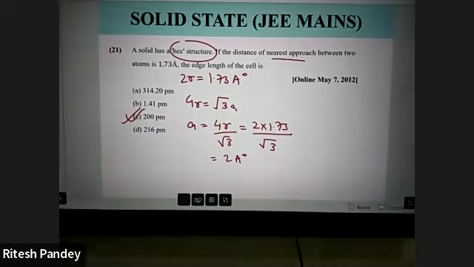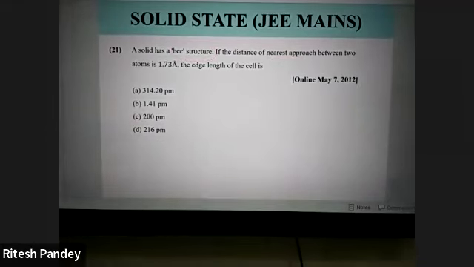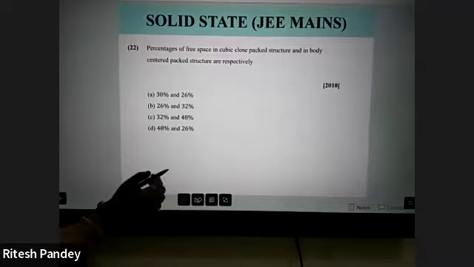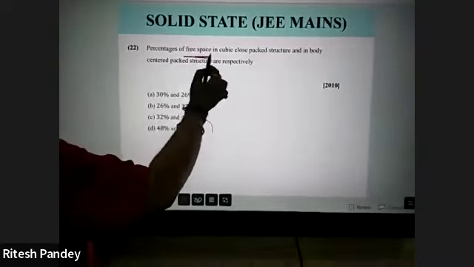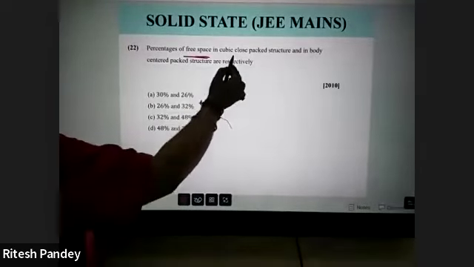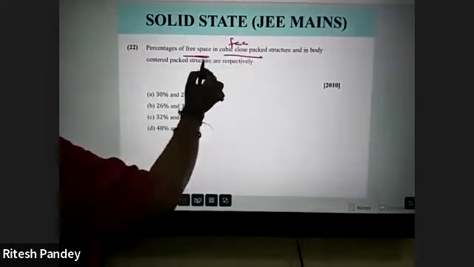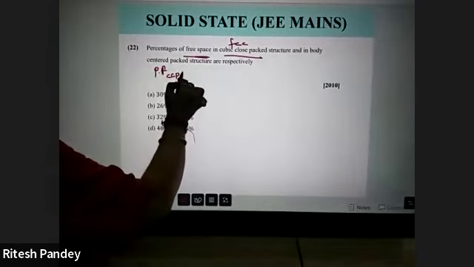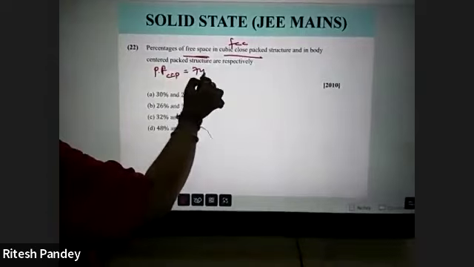Question 22. Option B. So these are routine problems. Free space is naturally 100 minus packing fraction. In CCP, which is close packed, the packing fraction of CCP or HCP is going to be 74%.